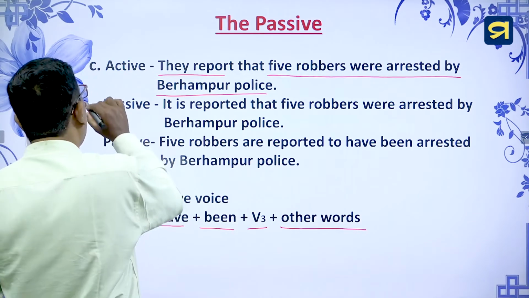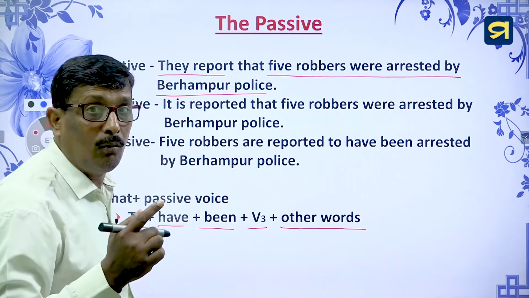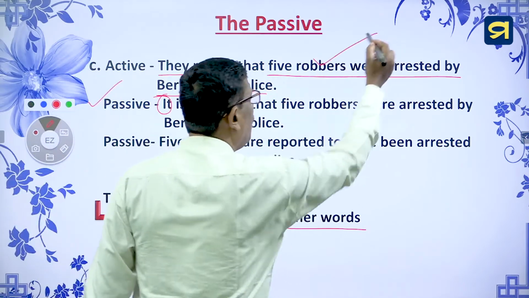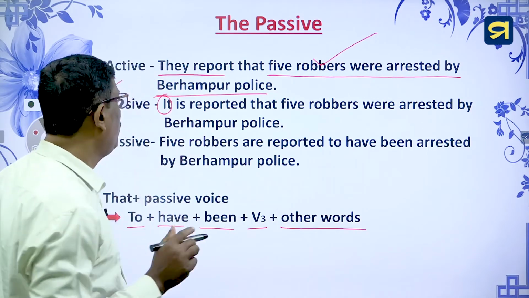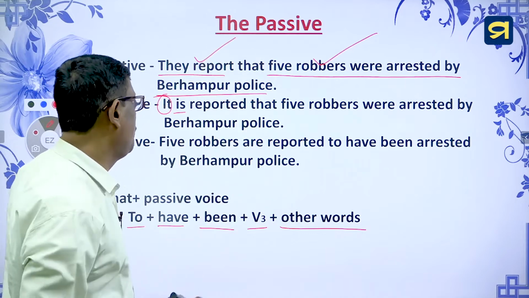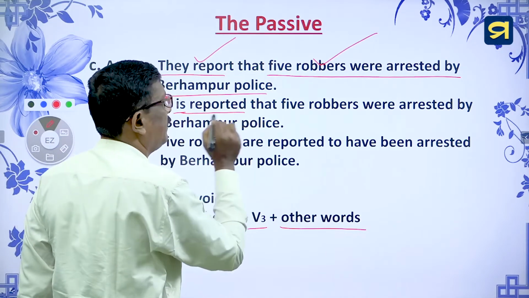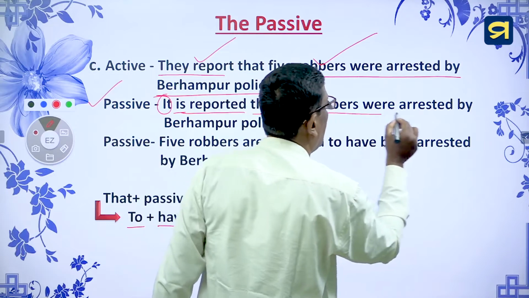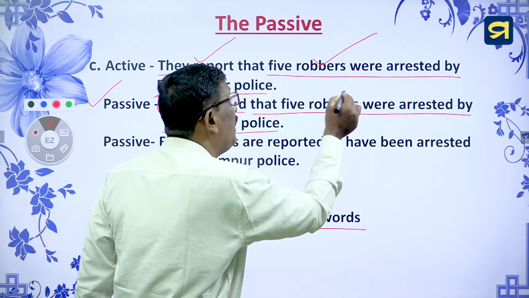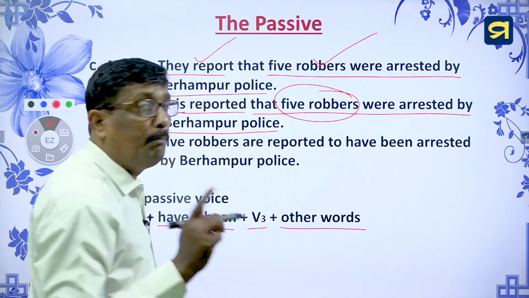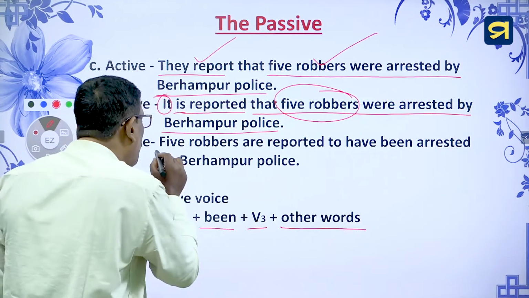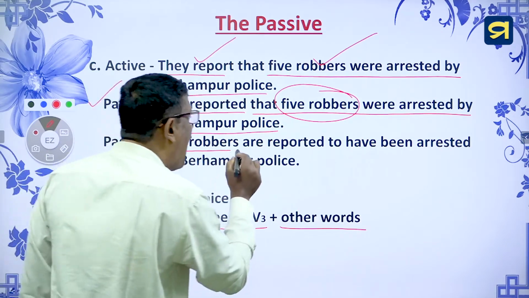First we will discuss how to change using it in the beginning of the sentence. Here that clause is used as object. So we can use it, followed by is. Why is used? Because it is in simple present. It is reported that 5 robbers were arrested by Berhampur police. But when we use 5 robbers in the beginning of the sentence, because it is the subject of that clause, 5 robbers are reported.